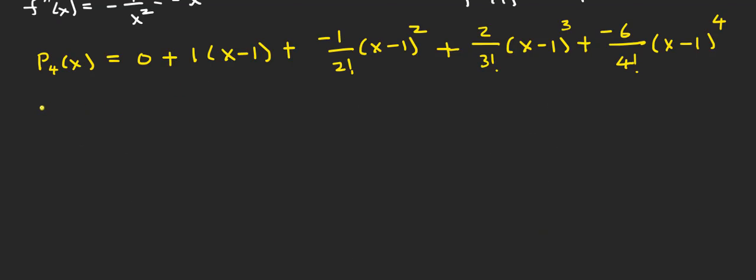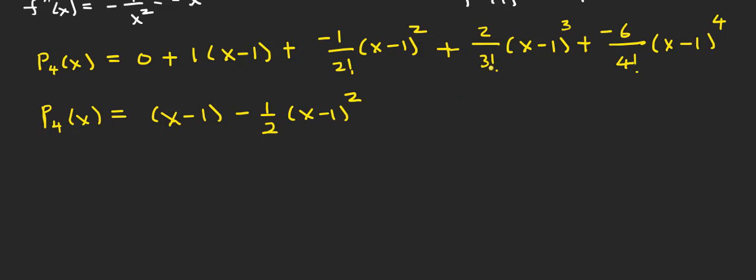So let's clean this up. You get the fourth order Taylor polynomial will be the quantity x minus 1, and then negative 1 over 2 times the quantity x minus 1 squared, and this is going to be 2 over 6, which is positive 1 over 3 times the quantity x minus 1 cubed.